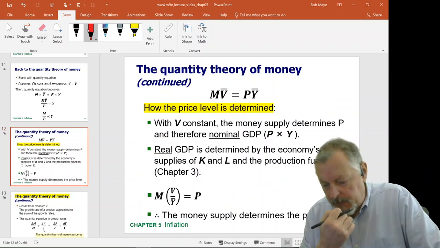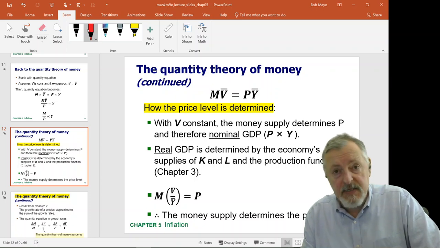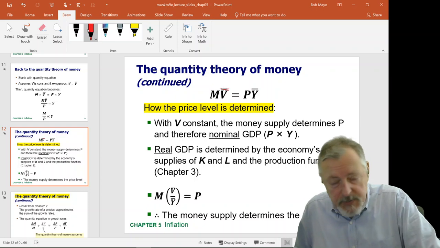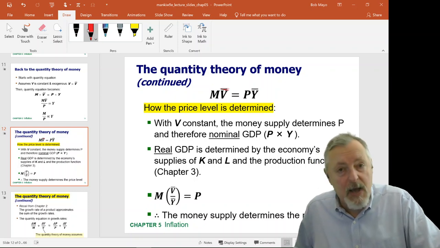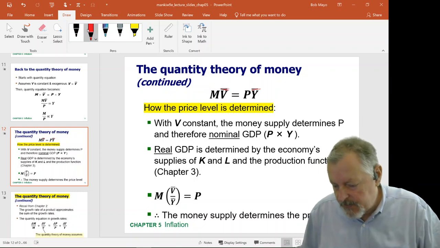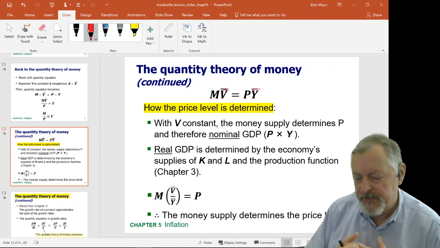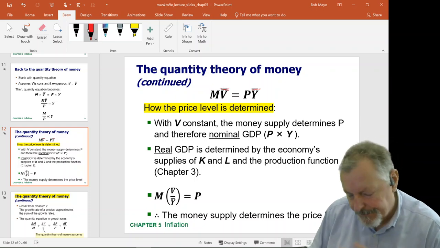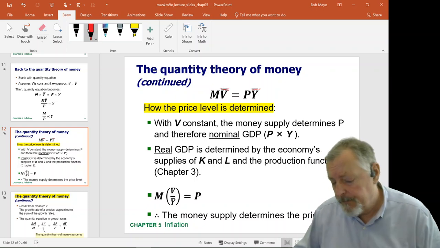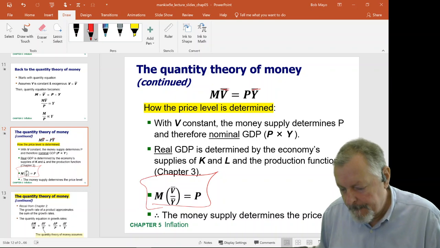In the quantity theory of money, we're going to assume that the velocity of money is fixed. That's what the little bar over the top in this case means. And we're going to assume output is also fixed. Well, in that case, because velocity is exogenous to this model, output is a function of capital and labor, so you get that.